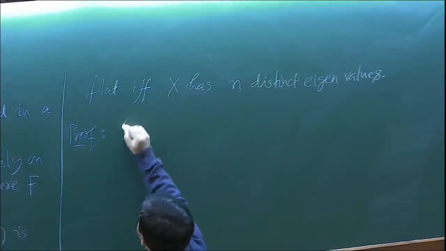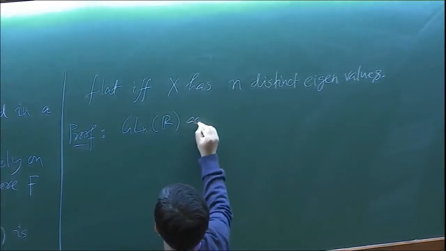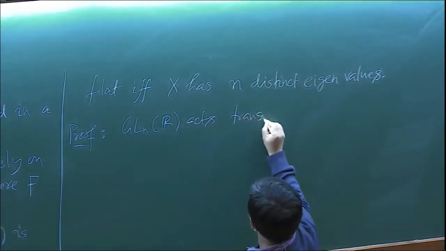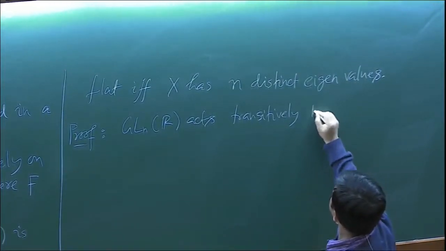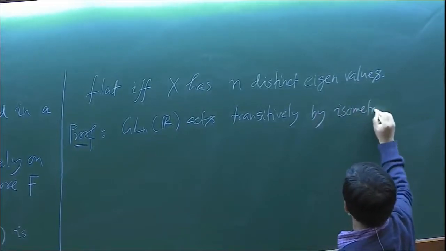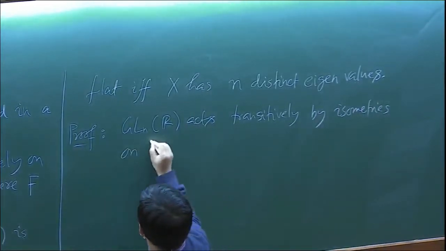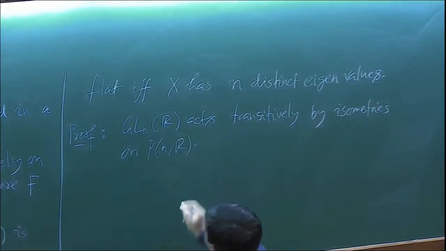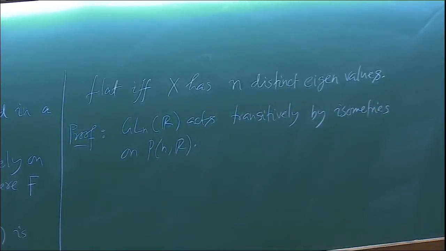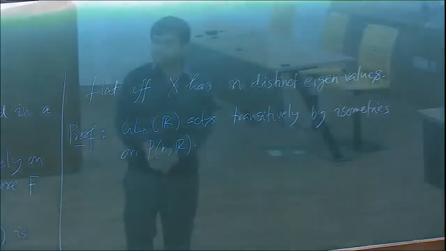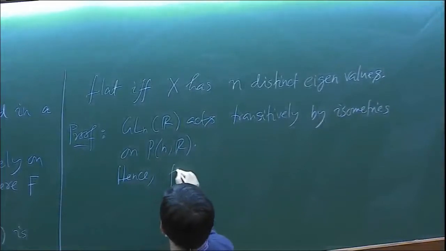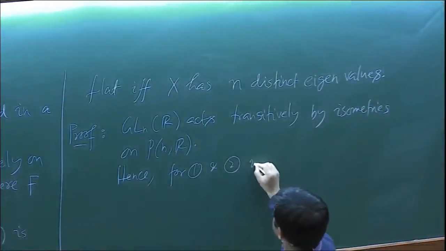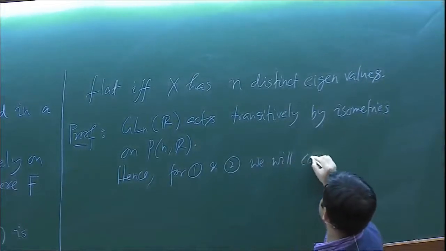So GL_n(R) acts transitively on P_n(R), and we know that isometries will take a flat to a flat. So therefore, to prove 1 and 2, I can just concentrate on flats passing through identity. Okay, hence for 1 and 2, we'll consider flats passing through identity.